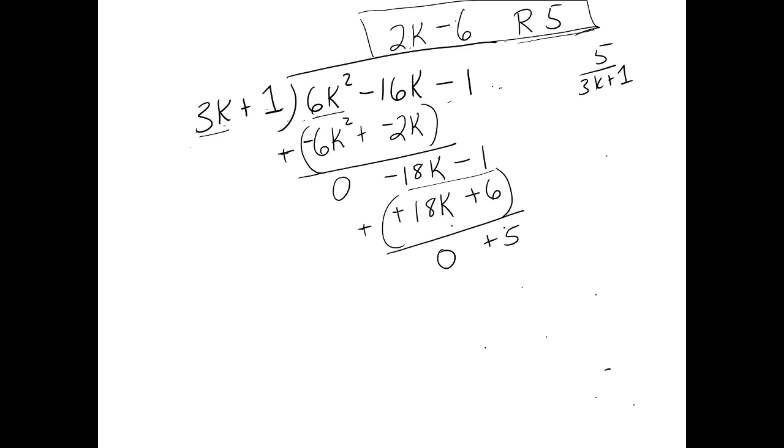It works even if this is a factor. You would just get an answer here with no remainder. So you would know, oh, these two polynomials multiplied together would give me this combined polynomial. This was problem 4.58, so you can check that.